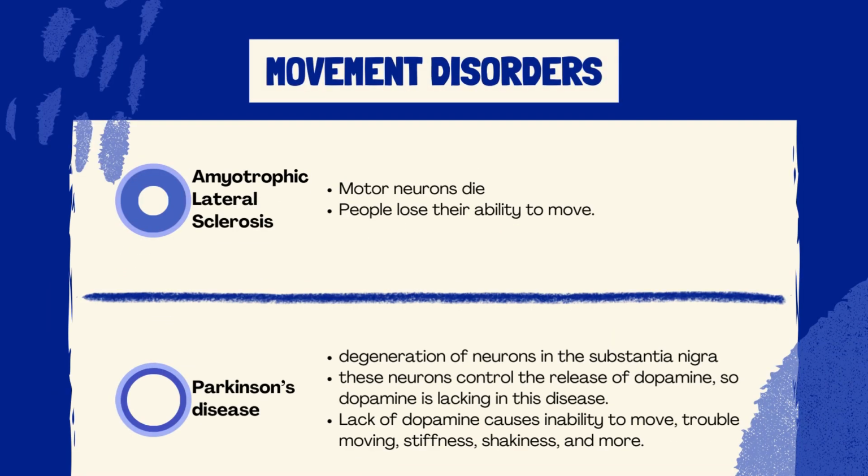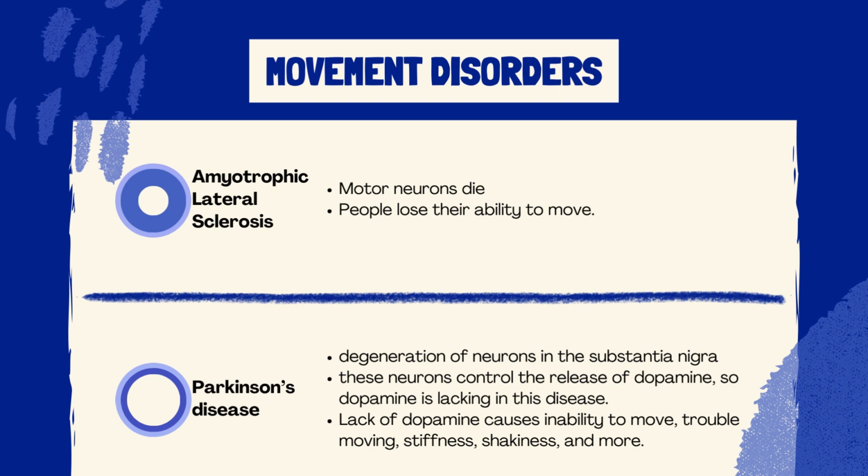So there are a few movement disorders that are important: amyotrophic lateral sclerosis and Parkinson's disease. Amyotrophic lateral sclerosis happens due to motor neurons dying, and so people lose their ability to move. Parkinson's disease happens as a result of the degeneration of neurons in the substantia nigra, and these neurons control the release of dopamine, which is a neurotransmitter controlling reward and punishment.